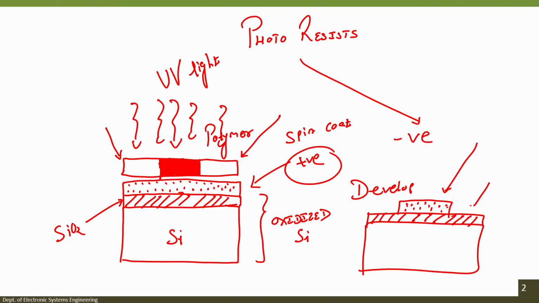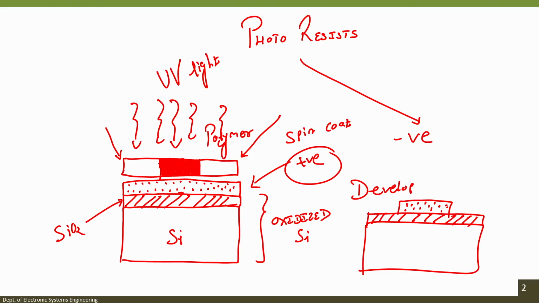You can see there is no photoresist there. So, the characteristic of a positive photoresist is that the area which is not exposed to UV light will become stronger. In other terms, the area which is exposed to UV light becomes weaker.